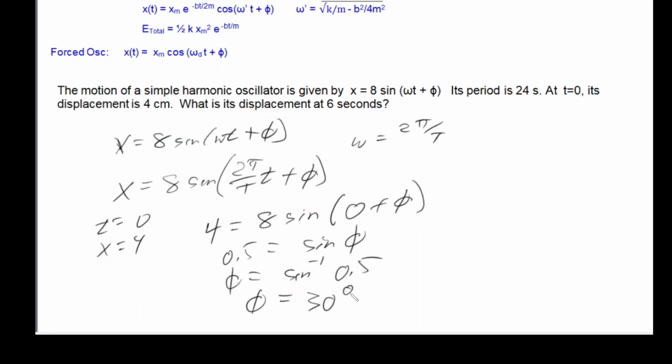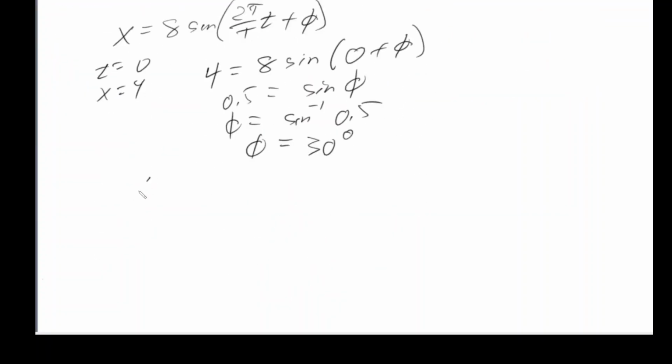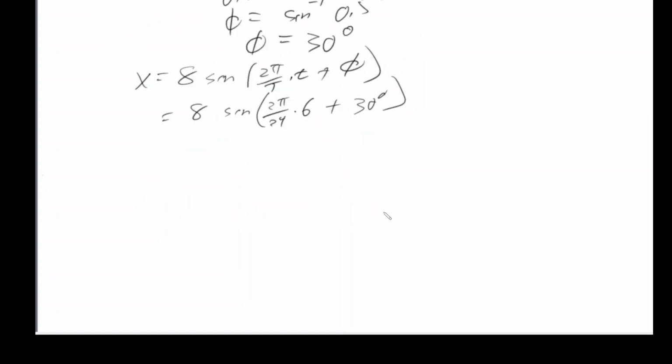So now that we know phi, we can use our sine equation to find our displacement at 6 seconds. So again, x equals 8 sine of 2 pi over period times time plus phi, which is equal to 8 times sine of 2 pi over 24 times the given 6 seconds plus 30 degrees, which is equal to 8 times sine of pi over 2 plus 30 degrees.